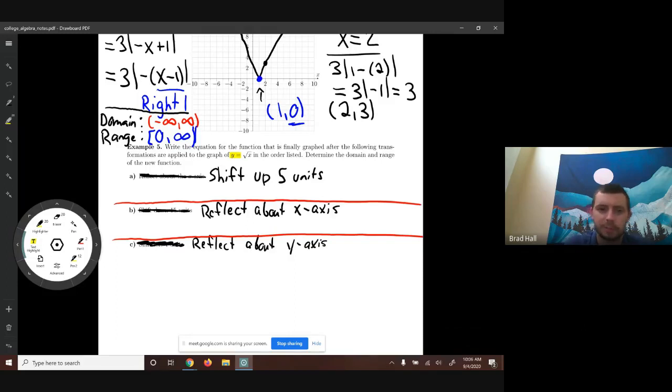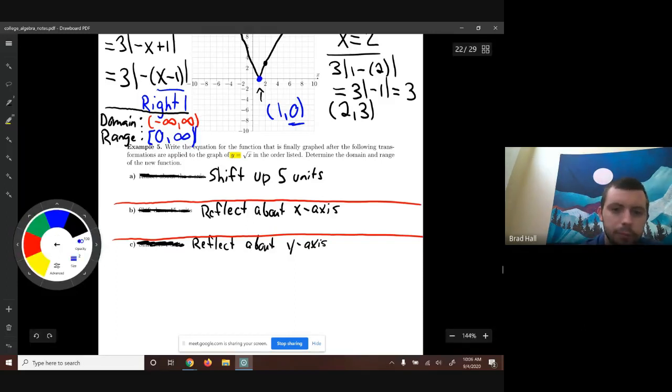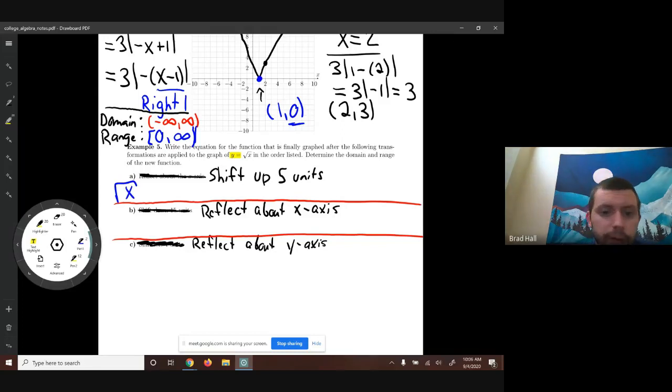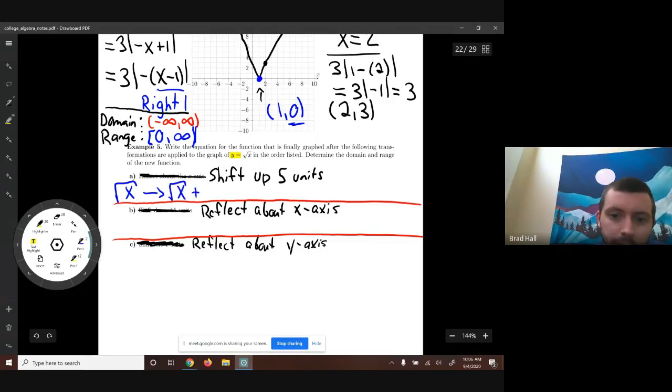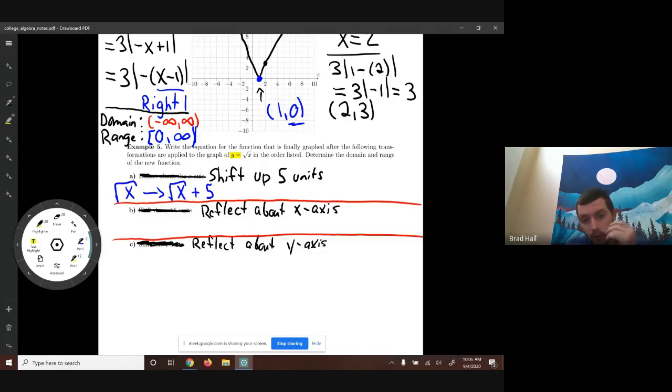So we're going to start off by taking that function and shifting up 5 units. So the original function is the square root of x. And how do we shift that up 5 units? Well, that means we have to add 5 on the outside of the function. Just like that. That's how we shift up 5 units.